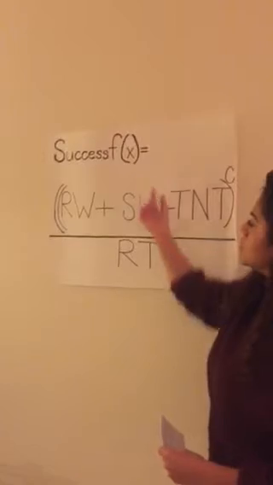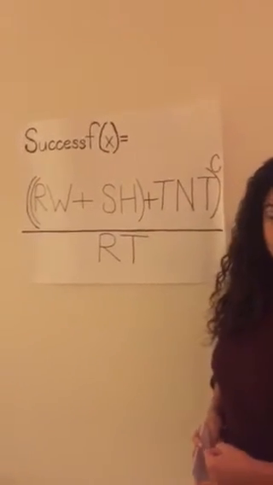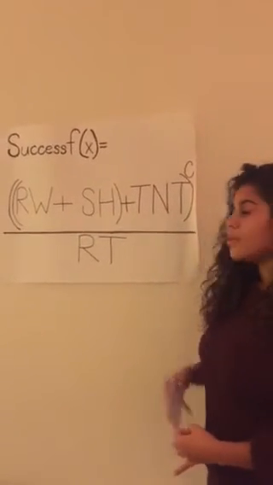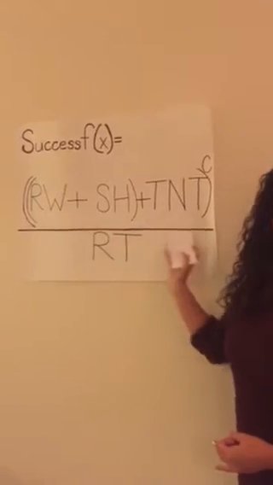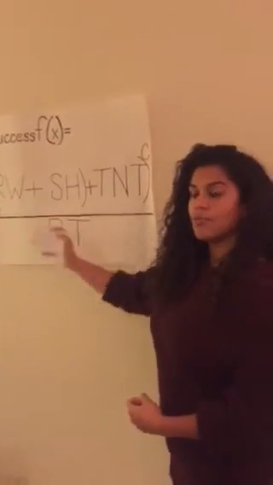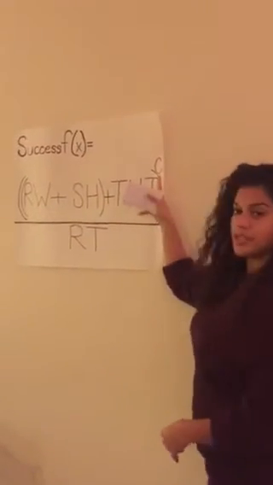When doing this, I decided that it was best to create a mathematical equation of success. Success equals recognizing your weaknesses plus seeking help plus trying new things divided by risk-taking, all raised to the power of C.